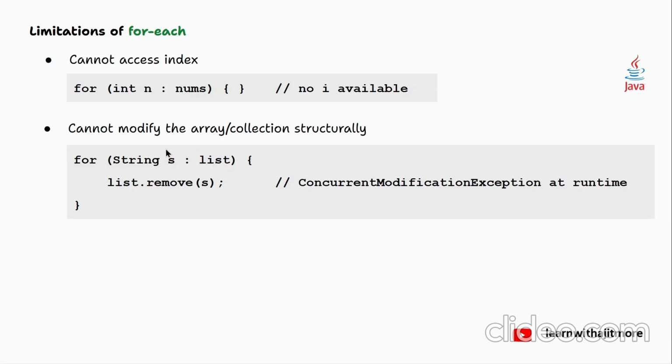One by one the value is coming in s. And you are trying to remove that element from the list. You can do that, as a list has a remove method. You give the string, it will remove that string from the list. Getting it? But inside the loop, if you traverse the same list one by one and remove elements from the same list, you are retrieving one by one and also immediately removing. It won't allow that. It will throw a concurrent modification exception. Getting it? This exception will be raised at runtime.